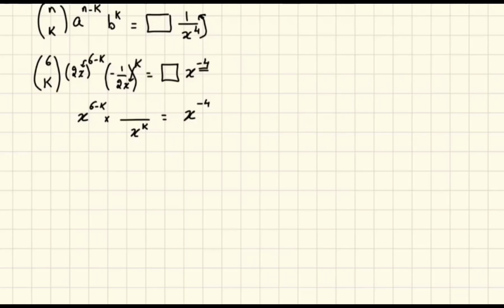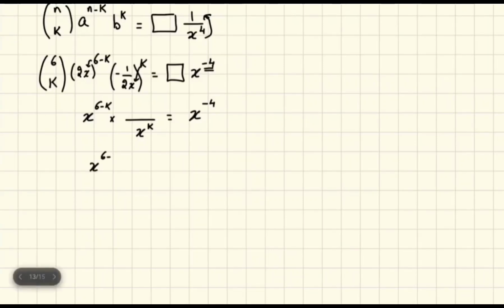So now, using the same rule, x exponent m over x exponent n is x exponent m minus n, we simplify this to be 6 minus k, and I know it's going to be x exponent negative 4. So now x exponent 6 minus 2k equals x exponent negative 4. Since the x's are equal, the exponents must be equal.